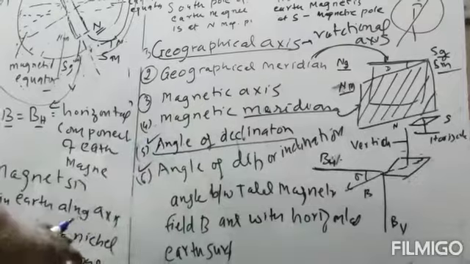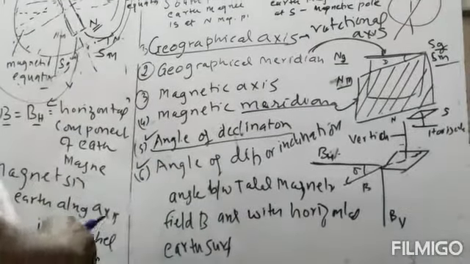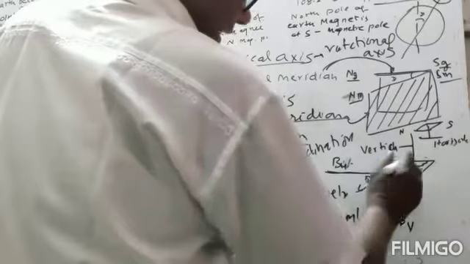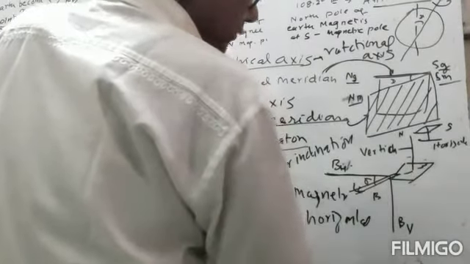Now if we put a magnetic needle and suspend it so it can rotate in the vertical plane, and the magnetic field is in the vertical plane, then this direction will show the direction of the magnetic field.